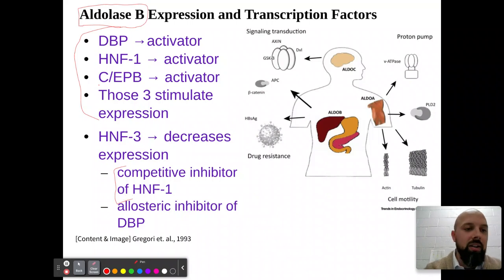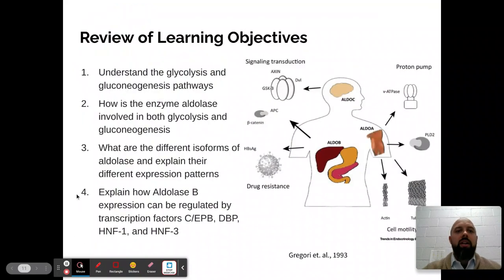So these are, again, four different transcription factors that are going to impact, does gene expression happen? Do we create aldolase B or do we not? Do we want to inhibit that? So some key distinguishers between those four. All right, so just to reiterate, what have we learned today? We've talked about understanding glycolysis.